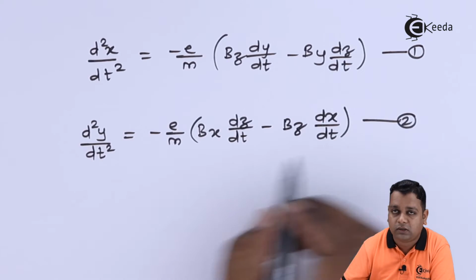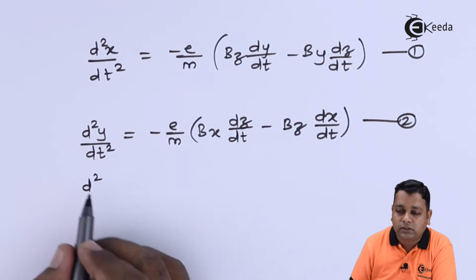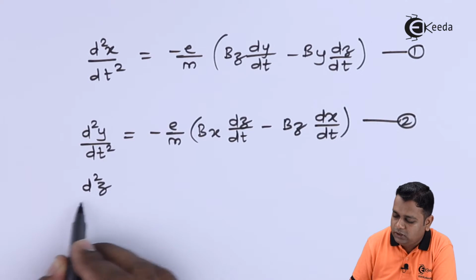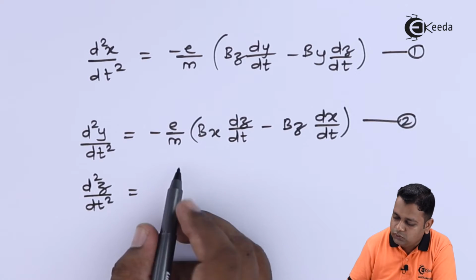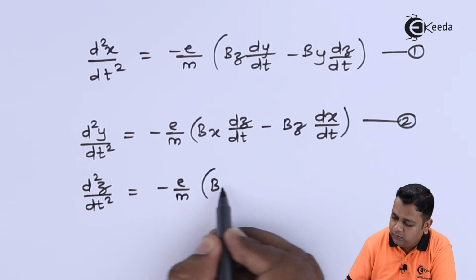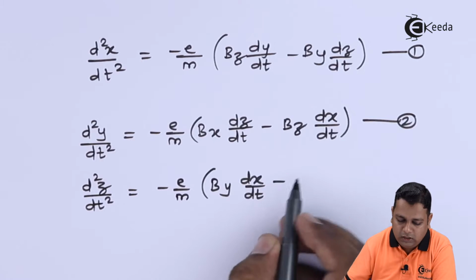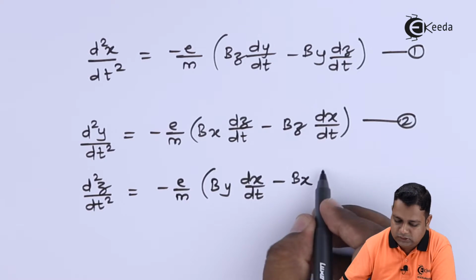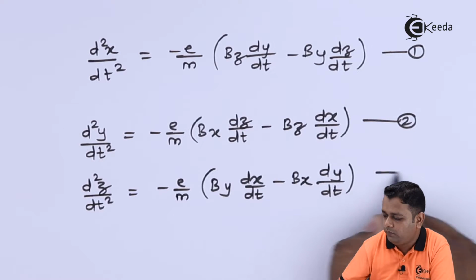This is the second equation. And the third acceleration component, d2z divided by dt square, can be shown as minus e divided by m. In the bracket here we have By dx upon dt minus Bx dy upon dt.